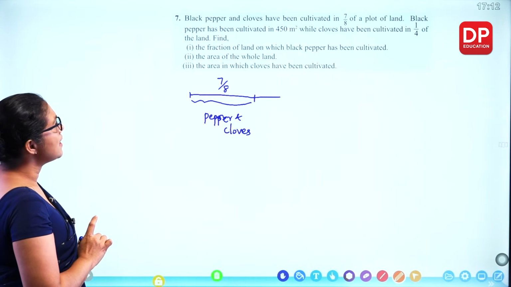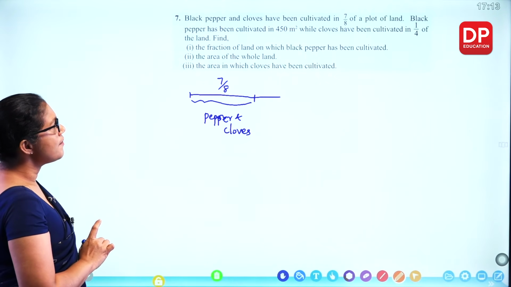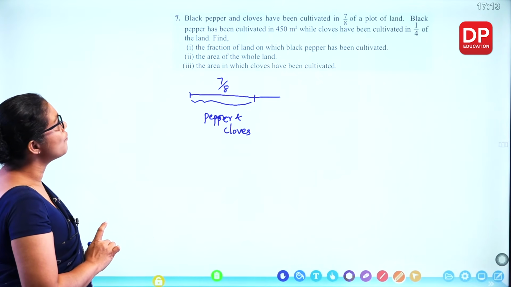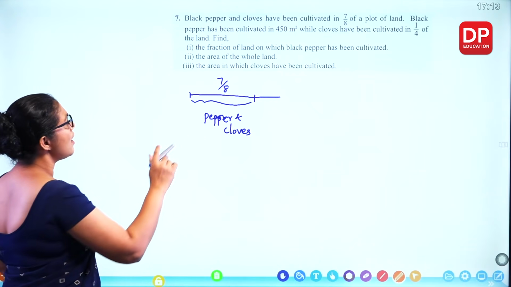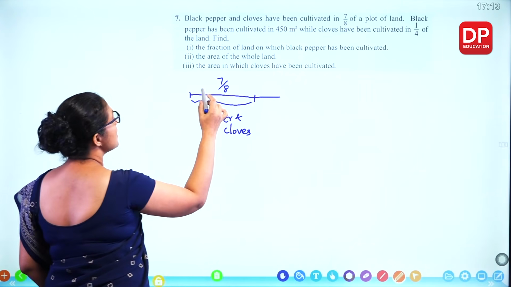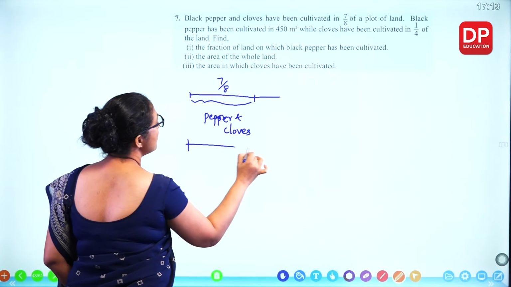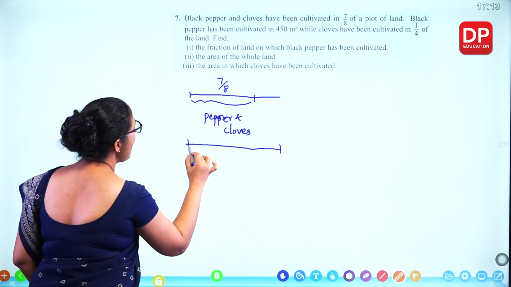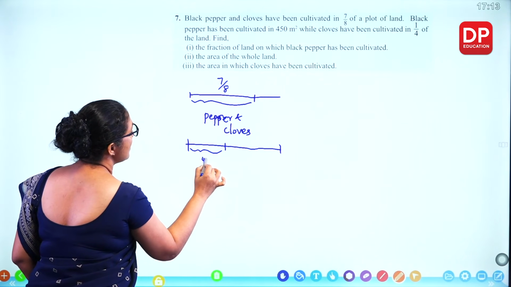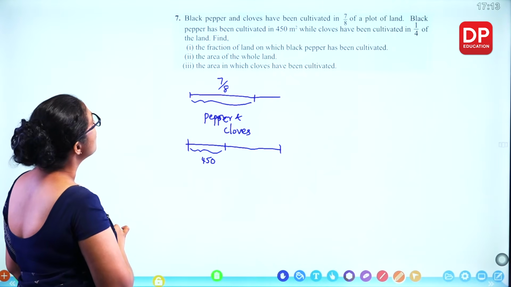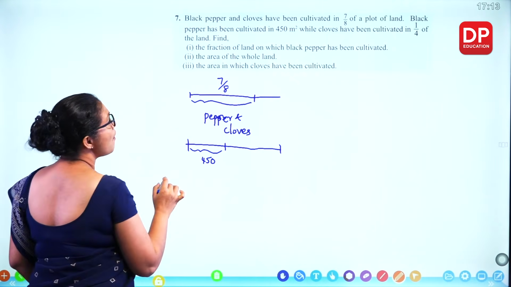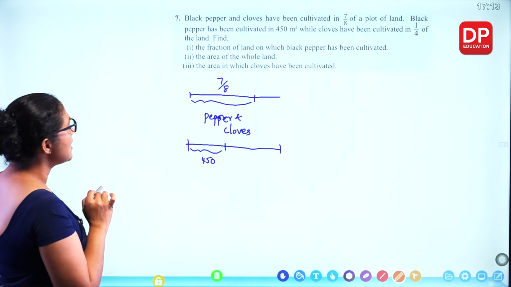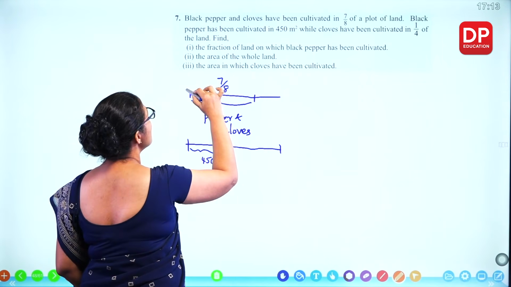black pepper has been cultivated in 450 square meters while cloves have been cultivated in 1/4 of the land. So here out of this 7 out of 8, 450 for pepper and 1/4 of the land. 1/4 of the land means 1/4 of the total one.